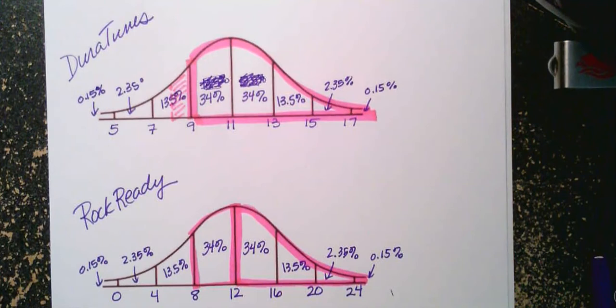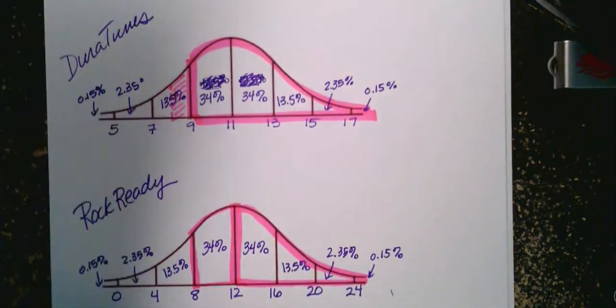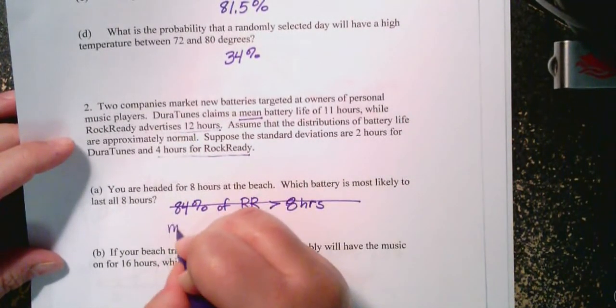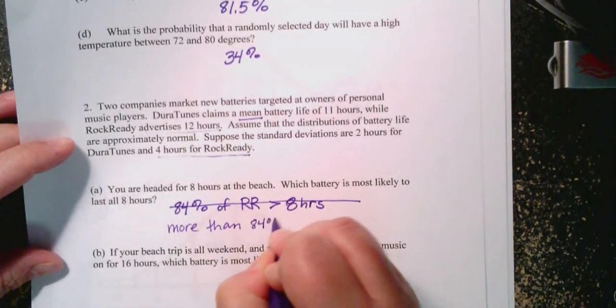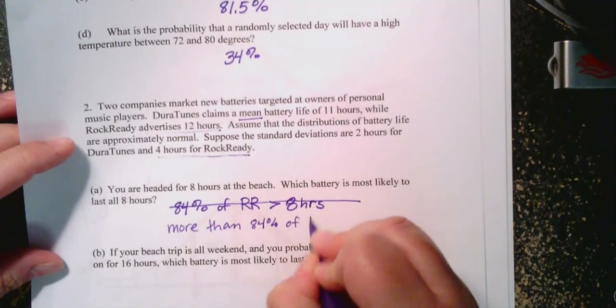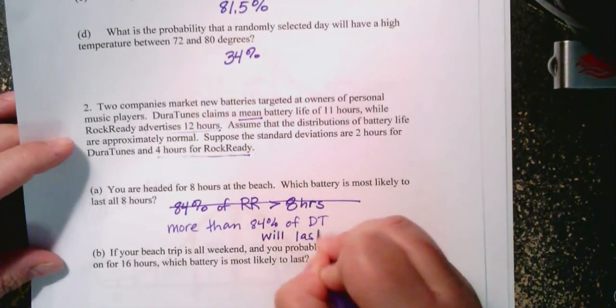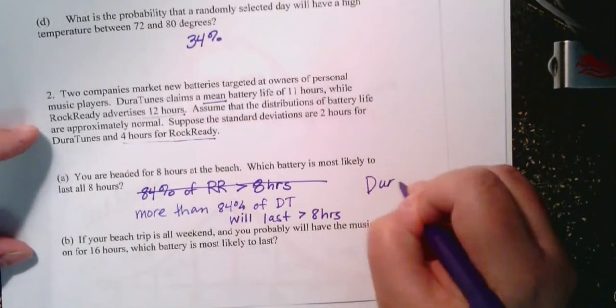So Duratunes, I don't know what it's going to be, but I do know, and you could find that out with z-scores. That's that thing I said you might have to look at another video for. But I do know it's going to be bigger than 84%. So more than 84% of Duratunes will last more than 8 hours. So my answer is Duratunes.